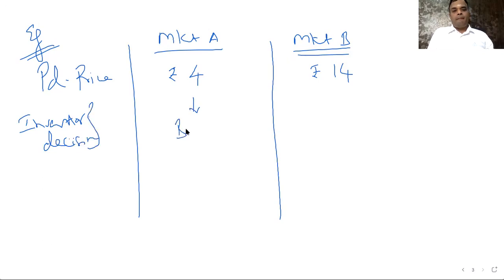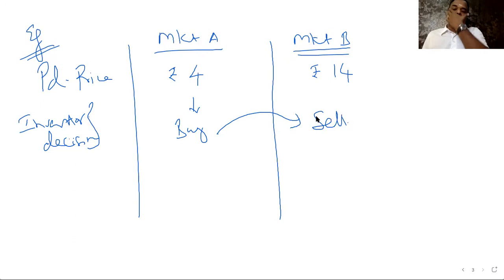You will buy the product from market A and sell the same product in market B. So you invest 4 rupees and sell for 14 rupees, so you gain 10 rupees as profit. So as an investor, we buy at the lower value and sell at the higher value.